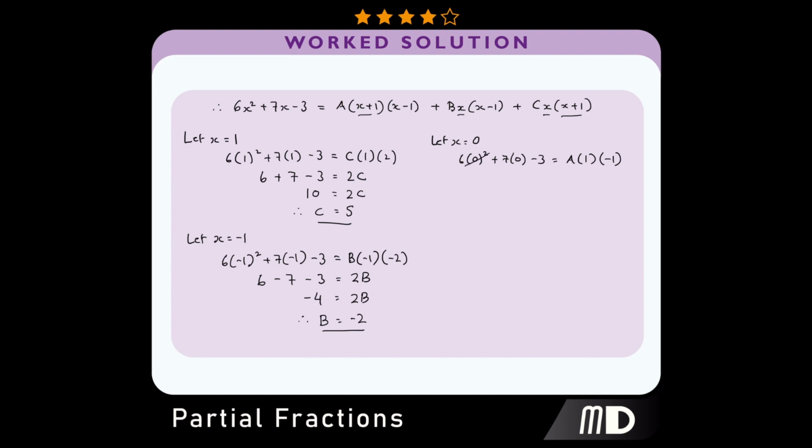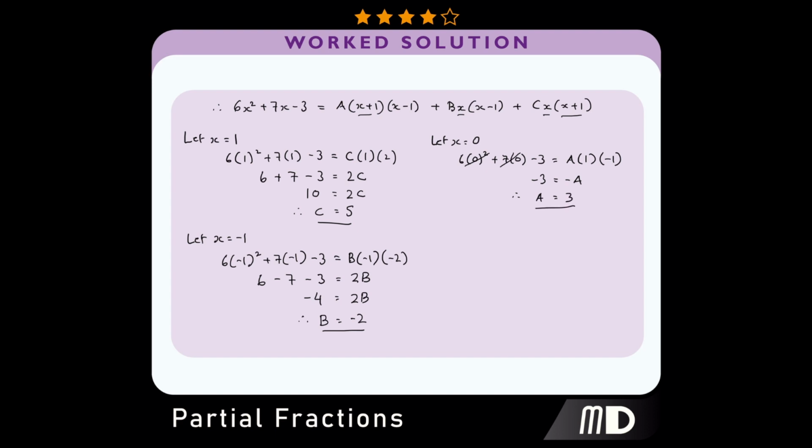Now, 0 squared is 0, and 7 multiplied by 0 is also 0, so minus 3 is equal to minus a. Therefore, a is equal to 3.